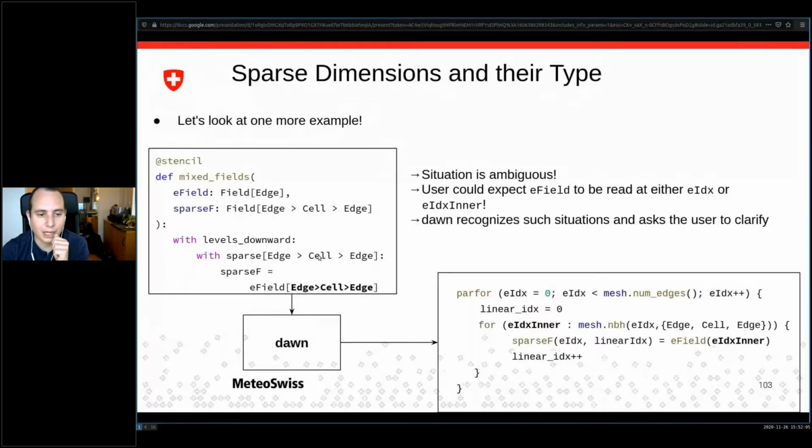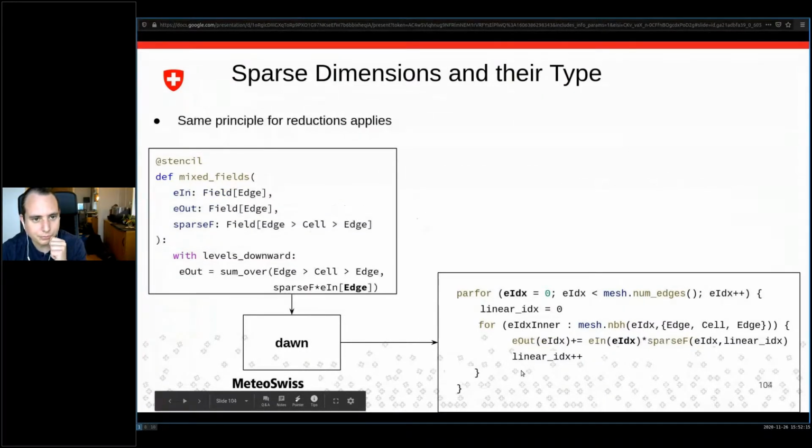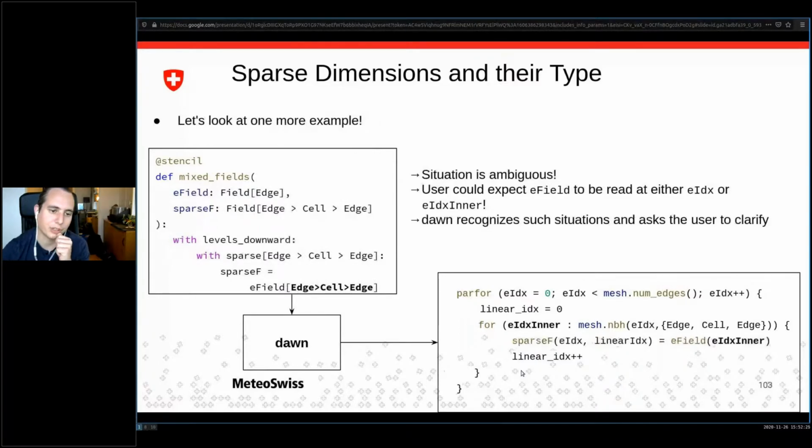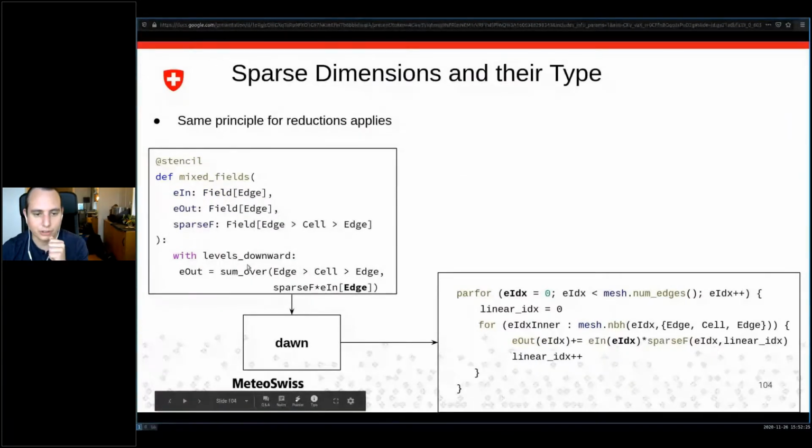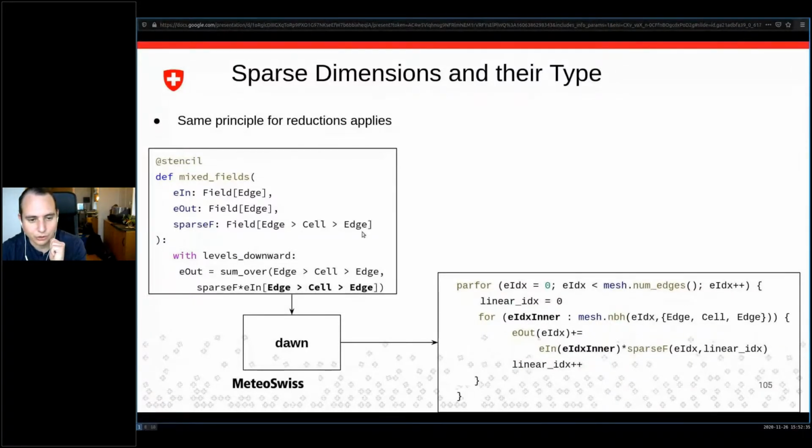However, if you would want to have the inner index, you state the whole chain to express that you expect this field to be addressed with the inner index. The same is true for reductions. Just like you can formulate such a chain for a with sparse statement, you can do the exact same thing for the sum over statement, which we have developed with the exact same arguments here.